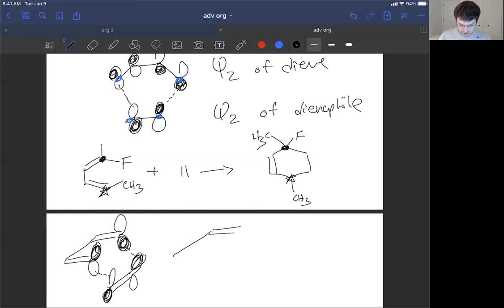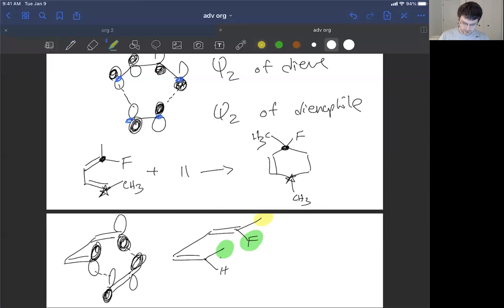So instead of my unhybridized p orbitals representing the molecular orbitals, I'm going to consider the groups attached to the alkene. Now in this case, I've got 2 groups that are sort of resting on the inside of the diene under this perspective.